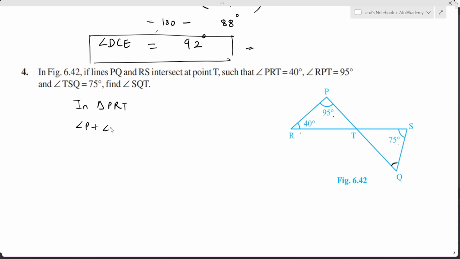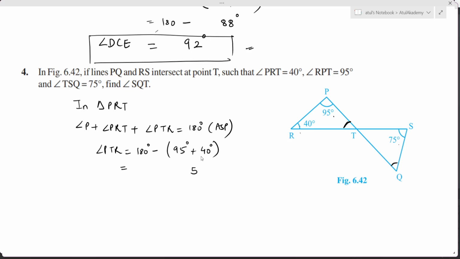Angle P plus angle PRT plus angle PTR is 180 degrees, angle sum property. I have to get this angle T. So angle PTR is equal to 180 minus angle P, which is 95, and this is 40 degrees. So let's add them and find out.